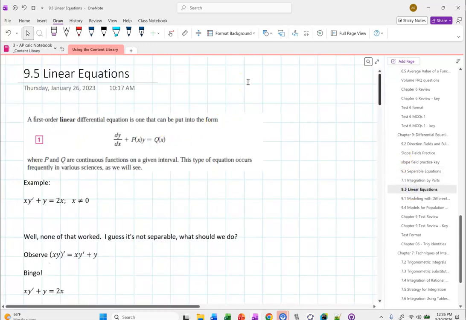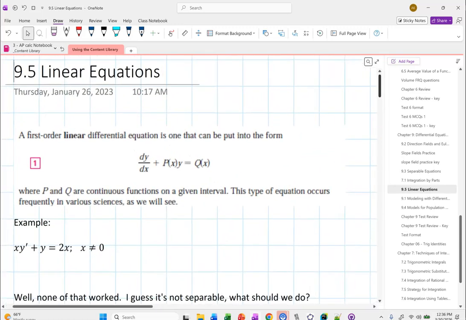Okay. On to 9.5. In 9.5, we're going to look at a new type of differential equation called a linear differential equation. So we say a first order linear differential equation is one that can be put in the form of dy over dx plus p of x times y equals q of x.